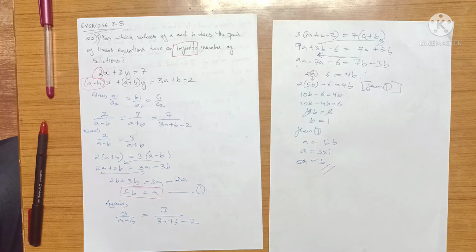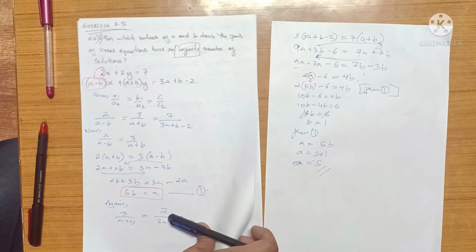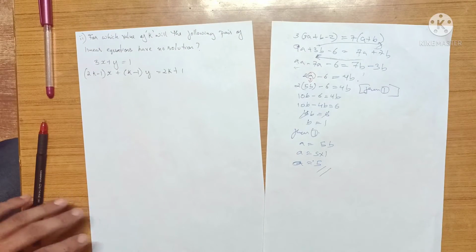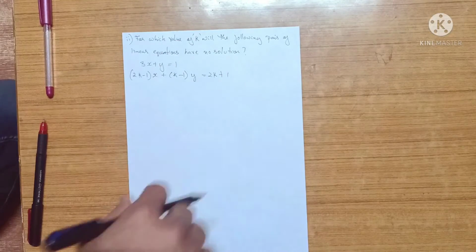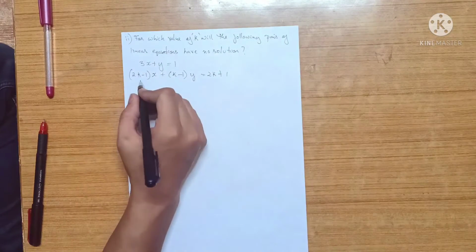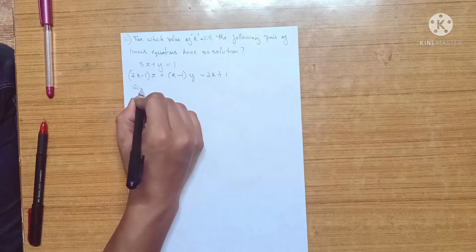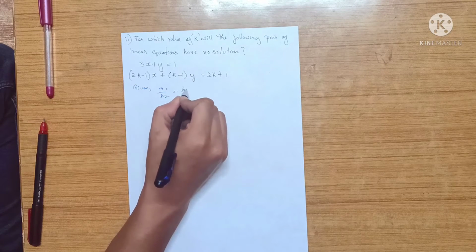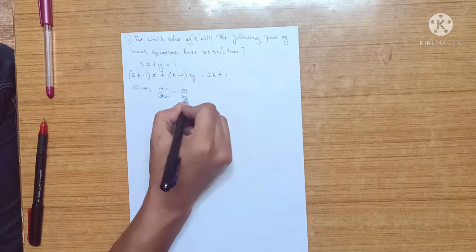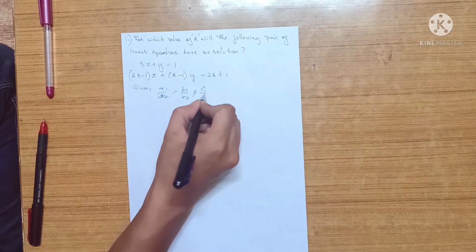Okay, so let's do the next question, which is question number Roman numeral 2 of the same question. For which value of k will the following pair of linear equations have no solution? So for no solution, the condition is a1 by a2 is equal to b1 by b2 is not equal to c1 by c2.